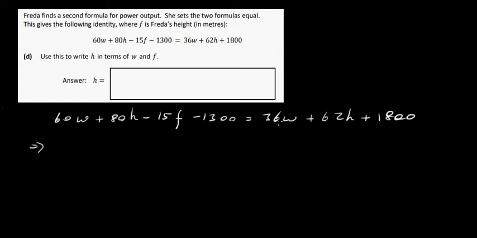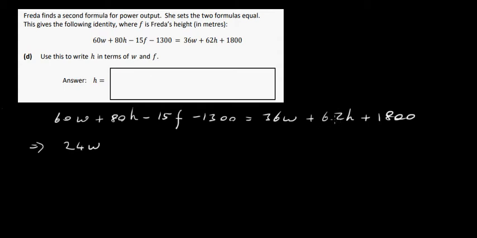So I'm going to subtract 36W from both sides. So 60W minus 36W, 60 minus 36 is 24. So we'll end up with 24W here. Now we have an 80H and a 62H here. So I'm going to subtract 62H from both sides.